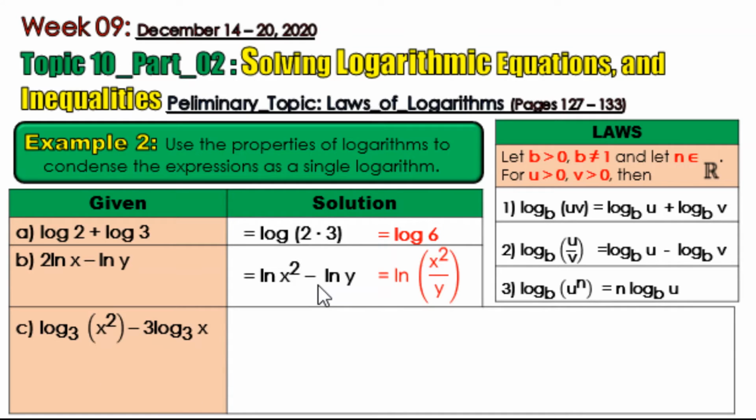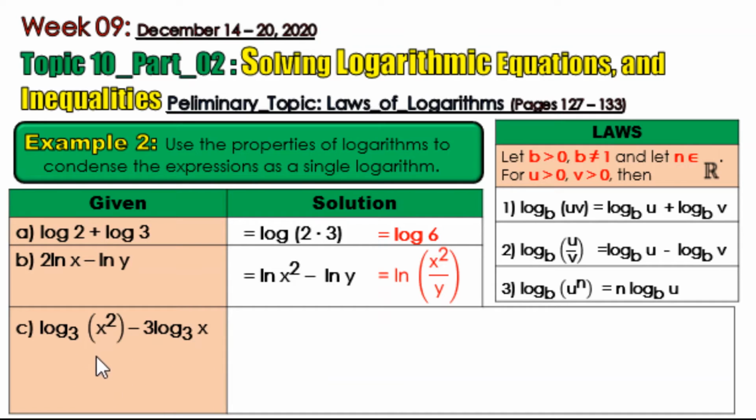Okay, so we have used the third law and the second law. And for letter C, we have logarithm of x squared to the base 3 minus 3 times the logarithm of x to the base 3. So what do you think are the laws that we need in order for this to be condensed as a single logarithm?